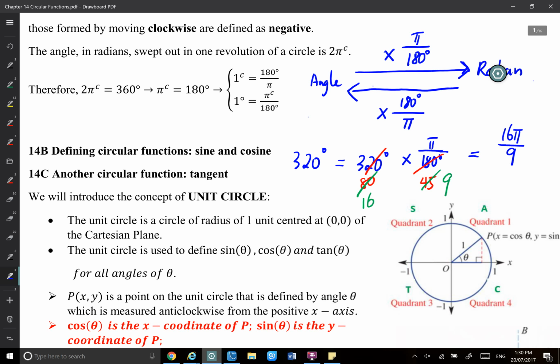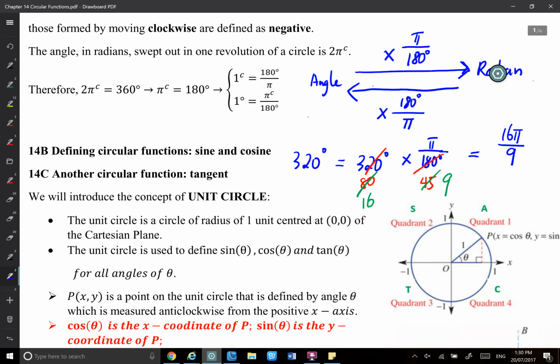I'll just explain this to you, hopefully it will make sense. This pi has two meanings. One meaning is the irrational number pi, 3.14 and so on.